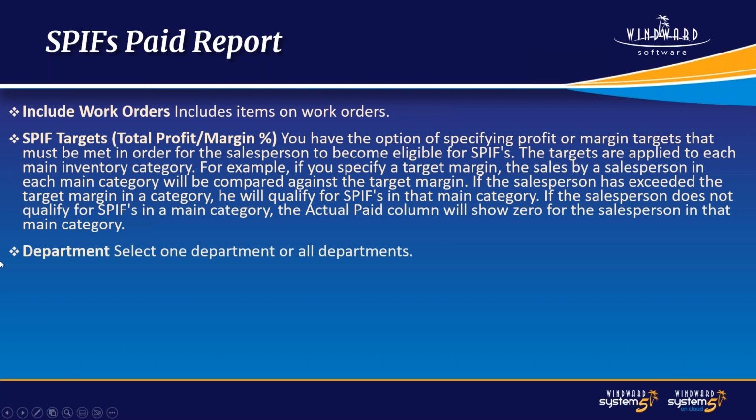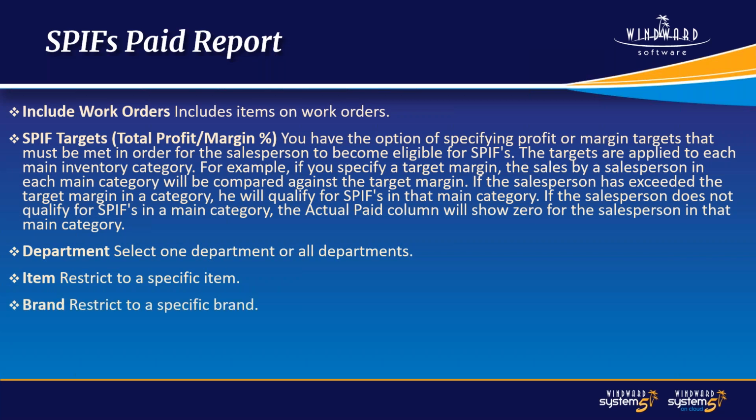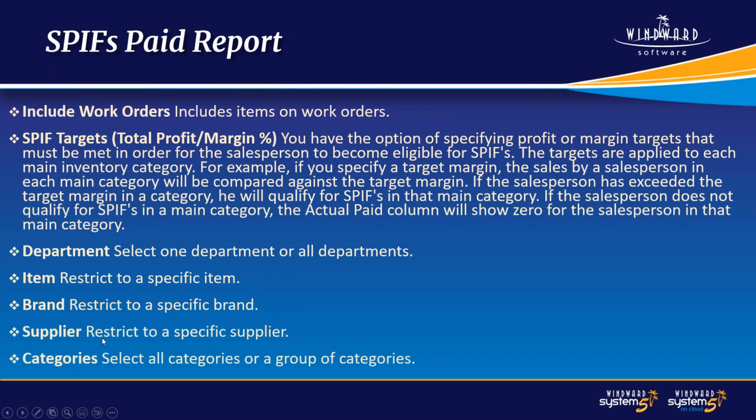And department: you just need to select one department or all departments. Item restrict: you just need to restrict to a specific item. Brand restrict, to a specific brand. Supplier restrict is to a specific supplier. And categories: select a category or a group of categories.